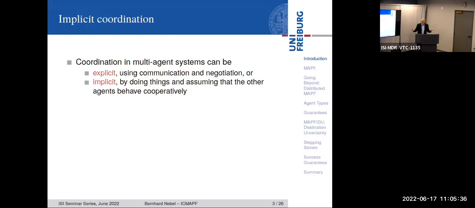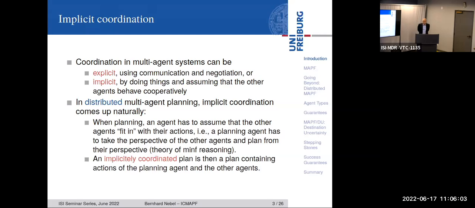Implicitly then means, well, you just do the things, and by doing things, you coordinate with each other. So if one agent takes a nail and the other one takes the hammer, then, well, they know what they are going to do, right? Hopefully, they put the nail into the wall. And, well, they don't have to talk with each other to do that because, well, just by doing, they coordinate.